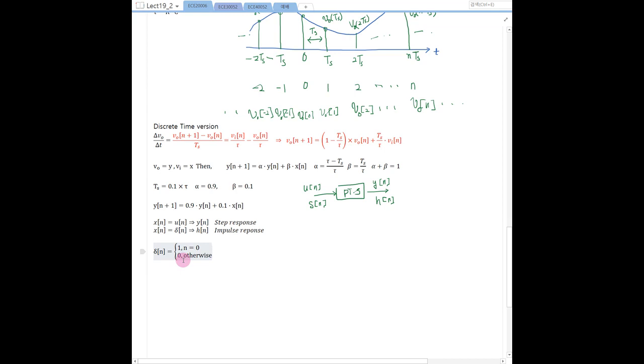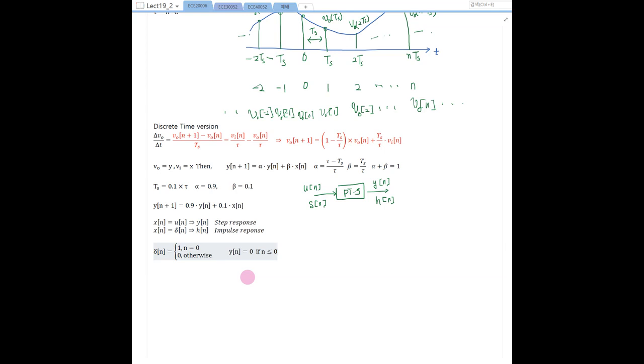So we would like to calculate the system response. We know that the event occurred at n equals 0, and for n less than 0, y is 0. So from these conditions, y(n) equals 0 if n is less than 0. So we take 0 for these conditions.